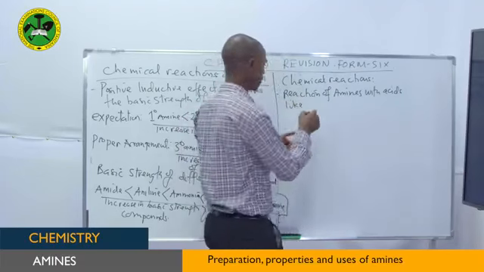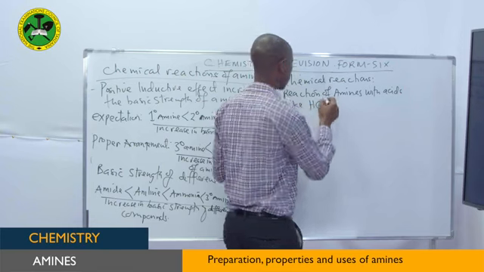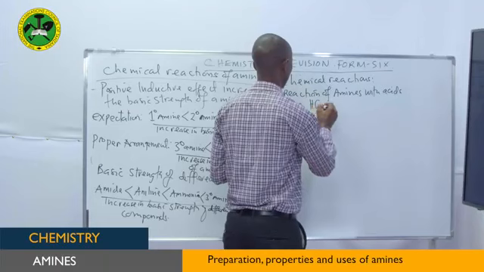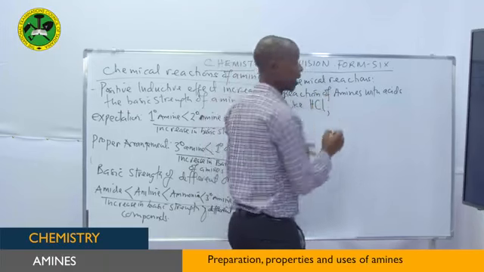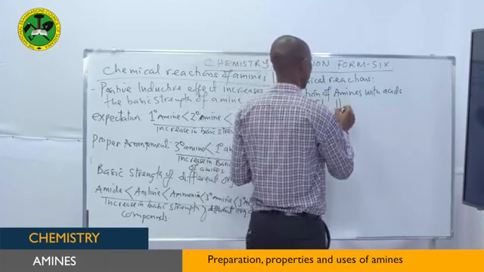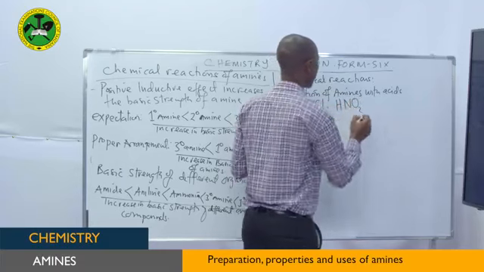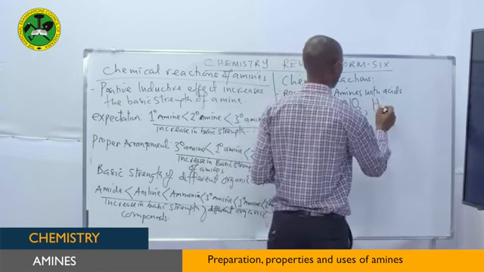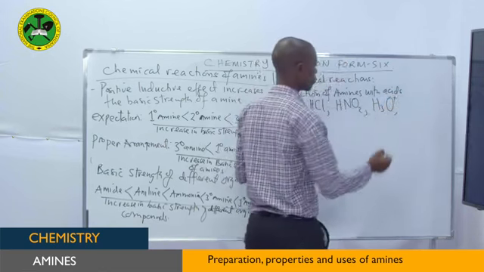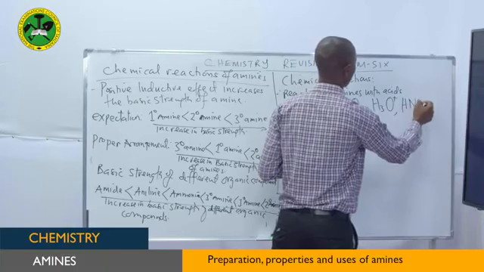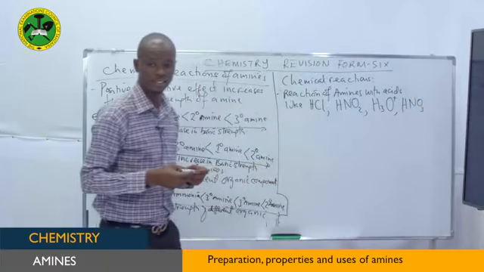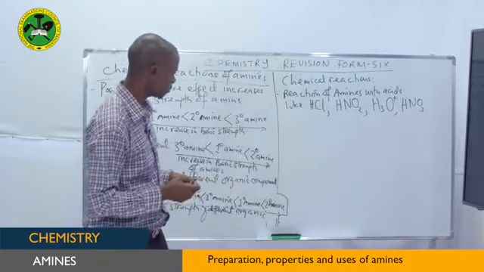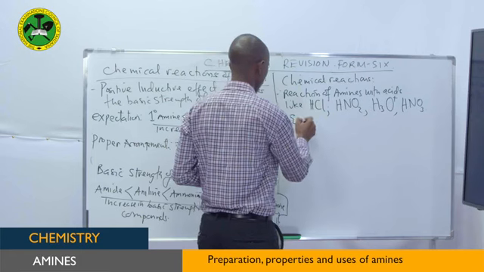Acids like hydrochloric acid, we have another one, this is nitrous acid, hydronium ion, nitric acid. These are the acids that we can talk about. Now, examples.